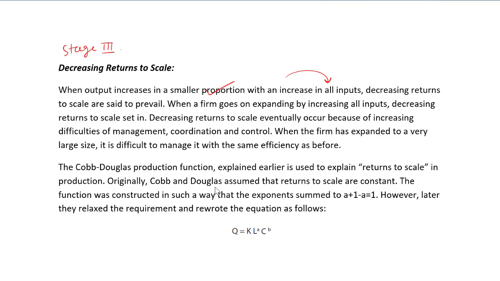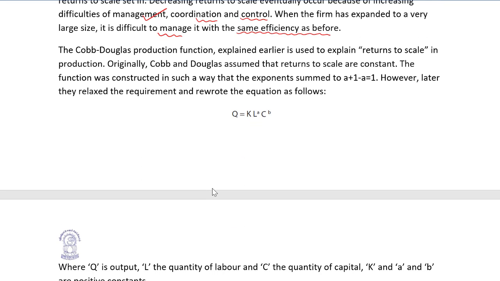They eventually occur because of increasing difficulties of management, coordination, and difficulties in controlling the organization. When the firm has expanded to a very large size, it is difficult to manage with the same efficiency as before. A small firm is easy to manage, a large firm is not so easy to manage. A lot of difficulties will come.